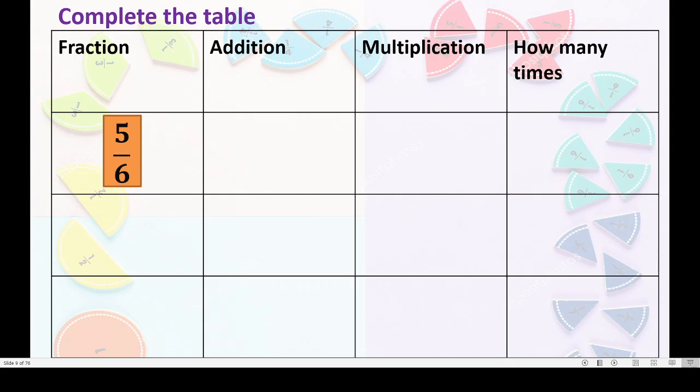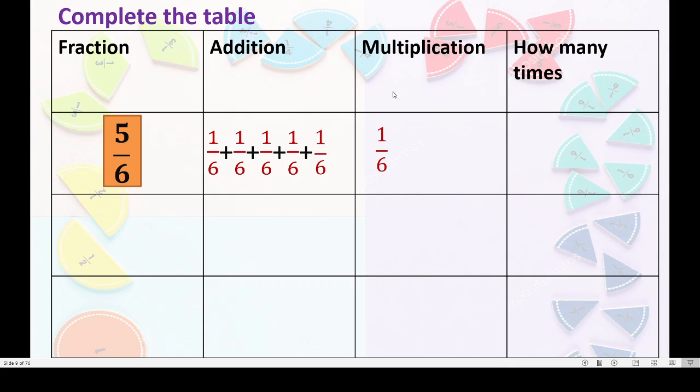Correct? 5 upon 6. The denominator remains the same. So here we can write 1 upon 6 plus 1 upon 6 plus 1 upon 6 plus 1 upon 6, 4 times, the fifth time plus. Here it means 5 times we have added 1 upon 6, then we get 5 upon 6.